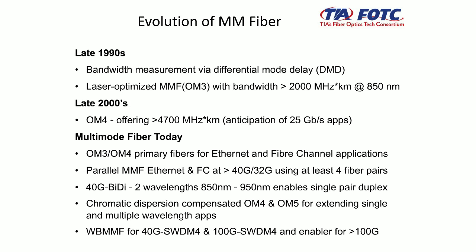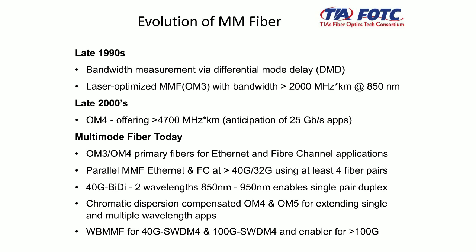A lot of parallel multimode fiber solutions for both Ethernet and Fibre Channel using at least 4 pairs, 4 transmit, 4 receive. We also have BiDi solutions which are good for customers, basically serial duplex type LC-based transceivers.